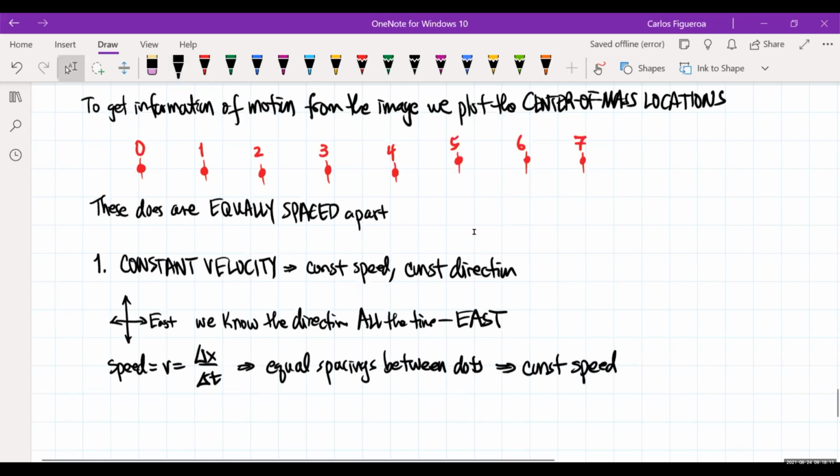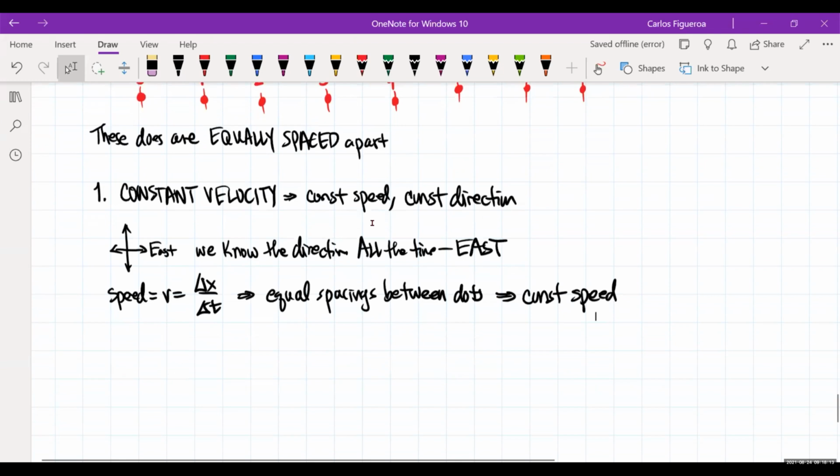But let's analyze this a little bit better here. So what I'm going to do here is that I'm going to pick my dots here again. This time I'm going to be really clear that I have equally spaced dots. So again, here's 0, 1, 2, 3, 4.